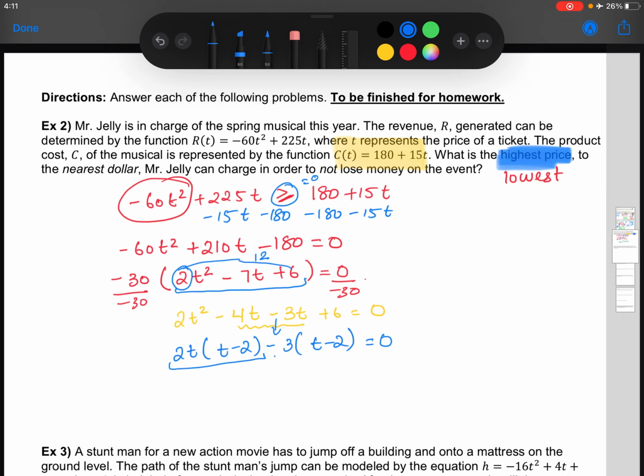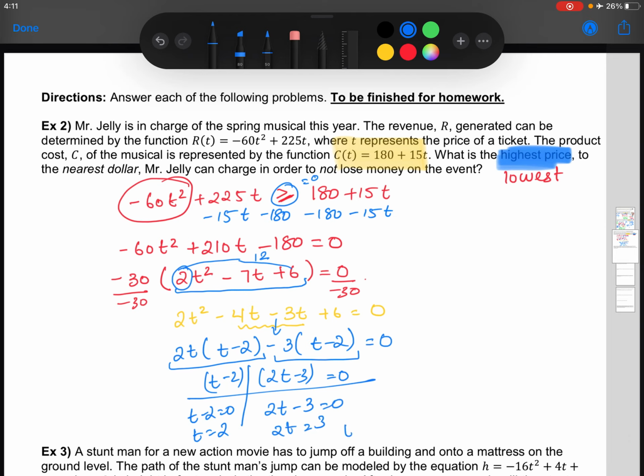Now again, do the GCF one more time. I have t minus 2 common in both of them, and I'm left with 2t minus 3. T chart: t minus 2 equals 0, so t is equal to 2. 2t minus 3 equals 0, add 3, I get 2t equals 3, so t is equal to 3 halves. Going back to the question, 3 halves is the same thing as $1.50, since we're dealing with money here.